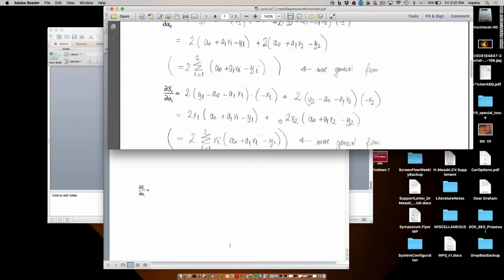So if I'm taking a partial derivative with respect to A1, A1 is treated as a variable, and everything else is treated as a constant. None of this depends on A1 other than this, so the derivative of this constant is 0. The only thing that is not 0 is where A1 is my variable, so the derivative of it is minus x1.